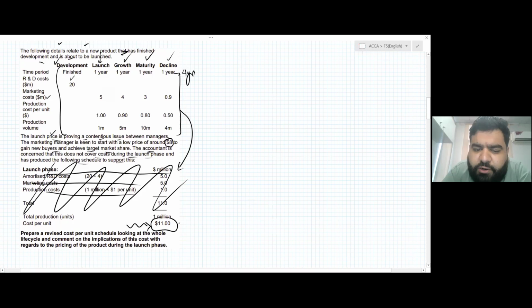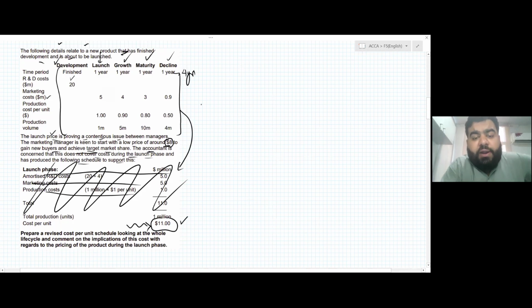Listen, if the cost is 11 according to the first year, then obviously the business will say sell it for more than 11. But the marketing manager is saying sell it for 8, because if you want to gain market share, meaning you want to enter the market and gain customers, you sell for 8.